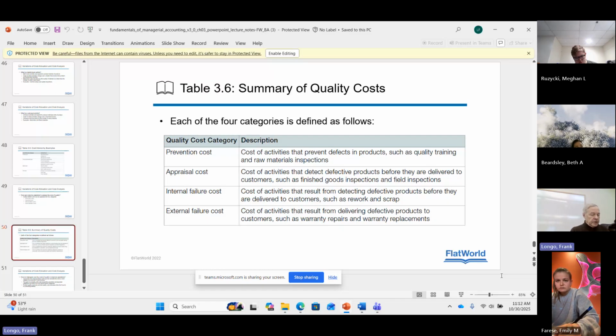Which leads us to a good quiz question. How do we address and evaluate cost?